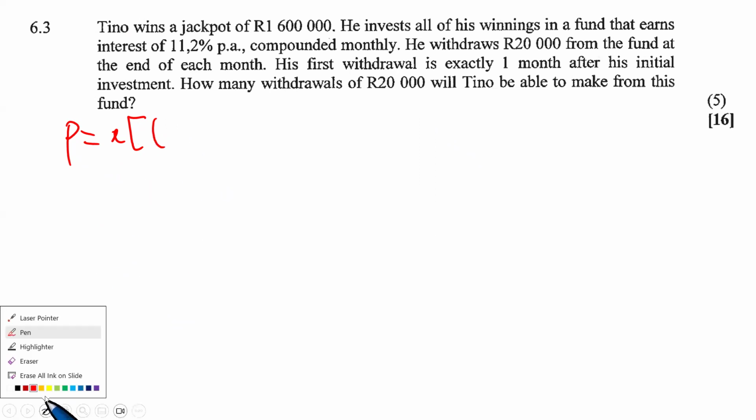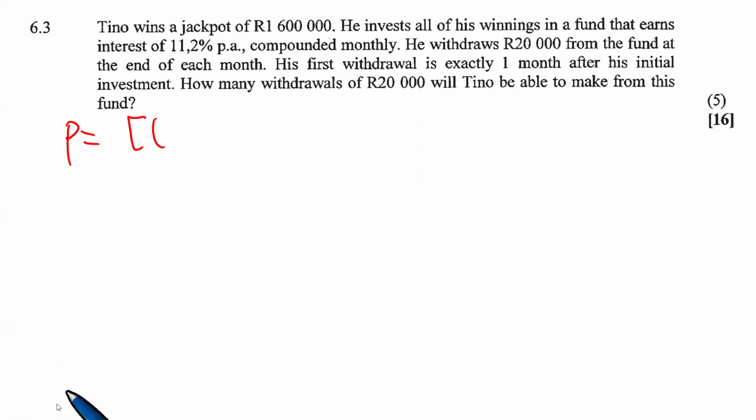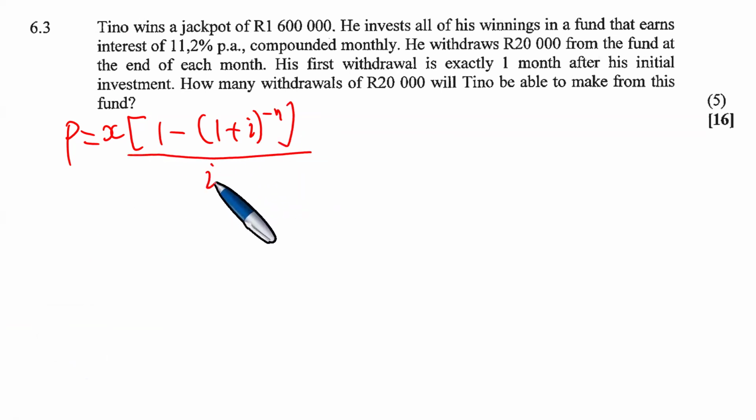The formula for the present value is P, which equals X, which is 1 minus 1 plus, divided by I. The jackpot is 1.6 million, 1,600,000.